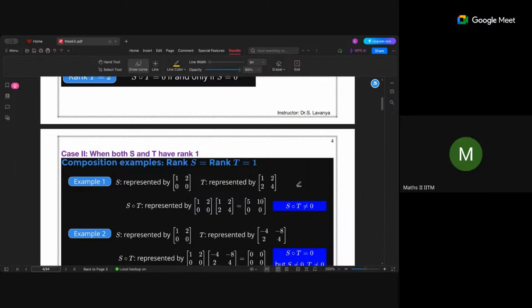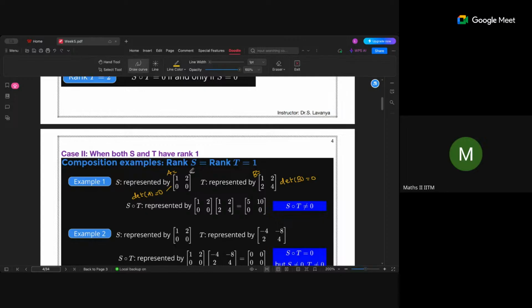What about the second one? It's also 1. What is the determinant of this matrix? Let's call this A and let's call this B. What is determinant of A? 0. And determinant of B? This also 0. So you can see that the rank cannot be 2.